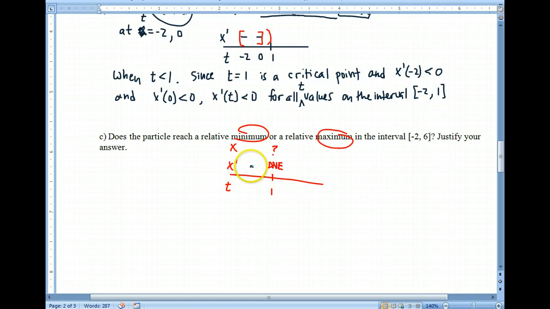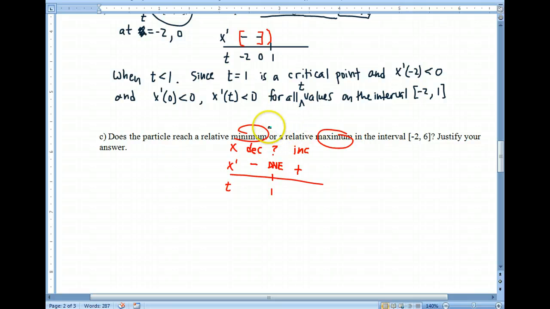But I do know what's going on left and right of this. To the left, what's happening? We already analyzed this. It's negative to the left and positive over here. So if it's negative, that means it's decreasing. Positive means it's increasing. So what would you have here?